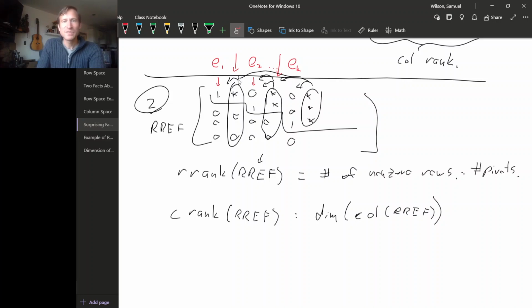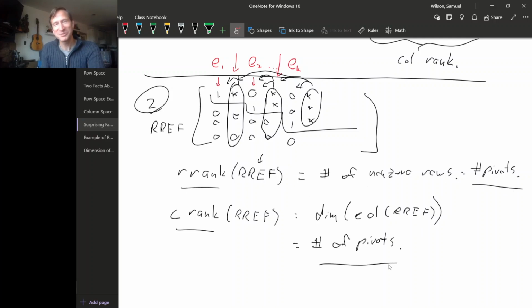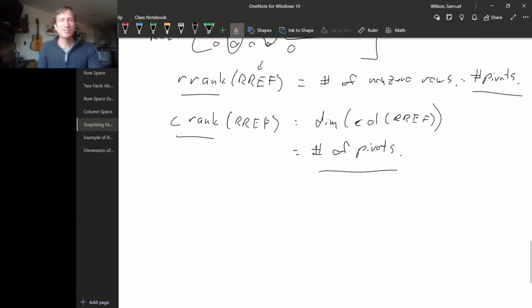So to get a basis for the column space, we only need these pivot columns. How many pivot columns are there? It's the number of pivots. So for reduced row echelon form, the column rank is equal to the row rank because both of them are the number of pivots.